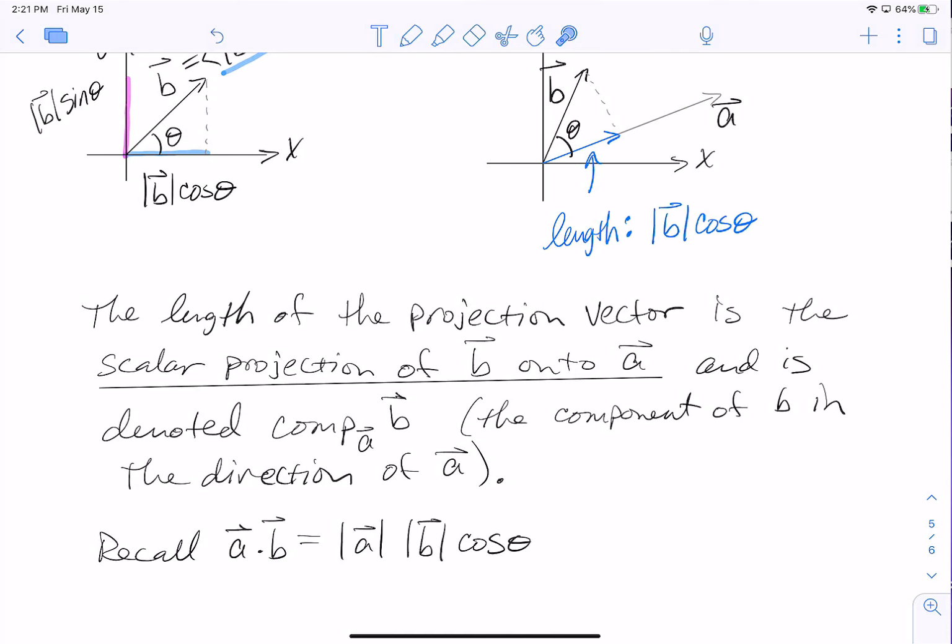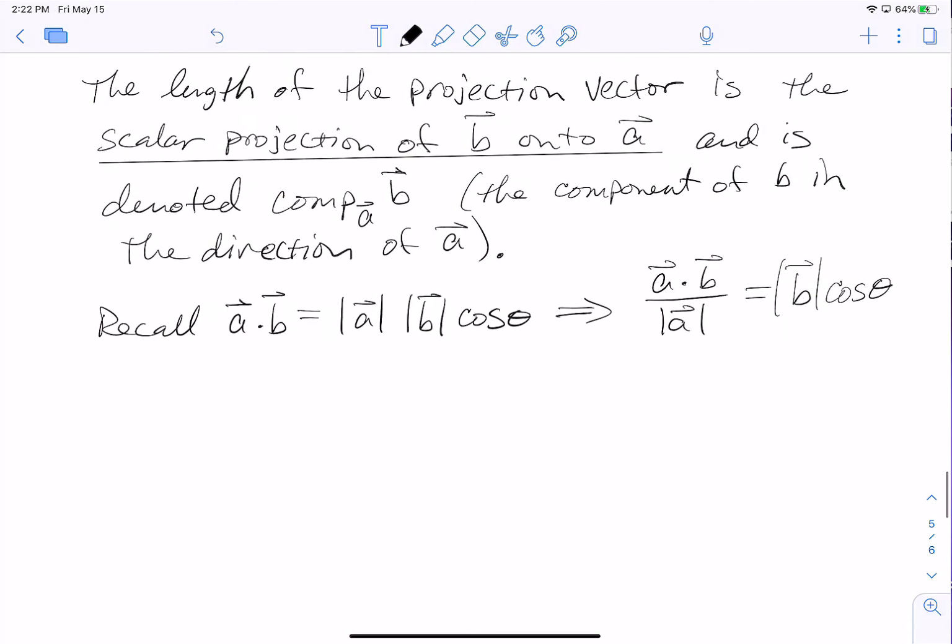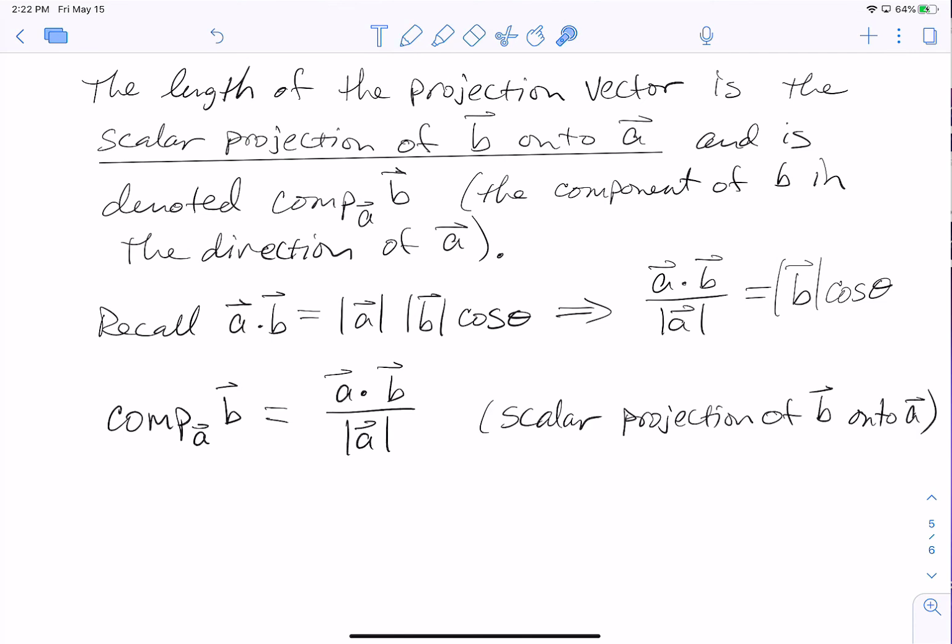So I can solve for the magnitude of b times the cosine of theta, and we end up with A dot b divided by the magnitude of A is equal to the magnitude of b times the cosine of theta. Therefore, the scalar projection of b onto A, comp b subscript A, the component of b in the direction of A, is equal to A dot b divided by the magnitude of A.